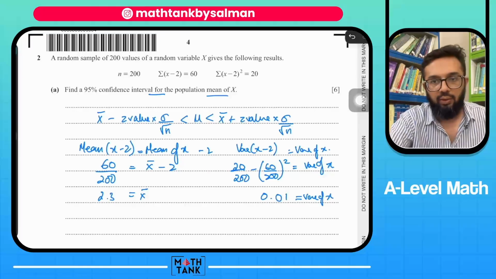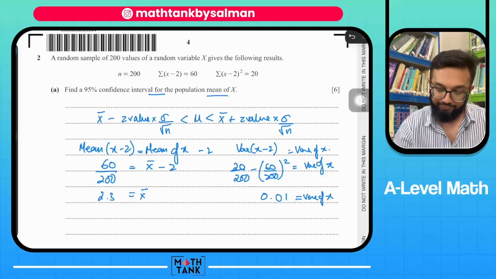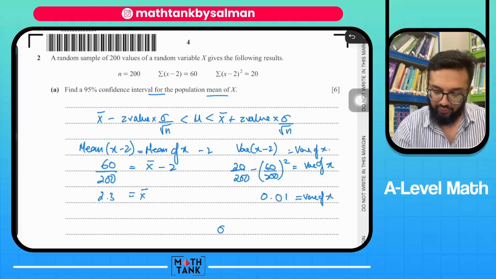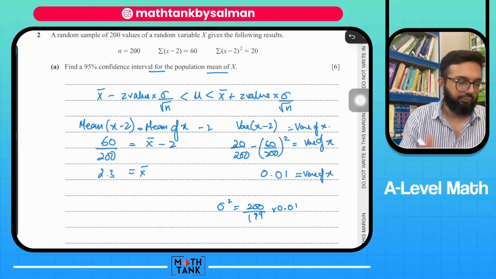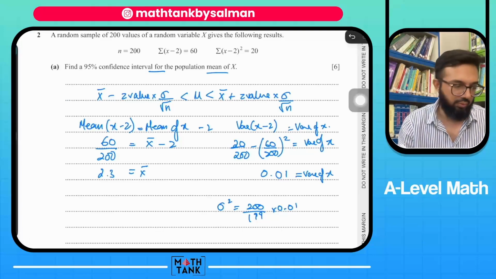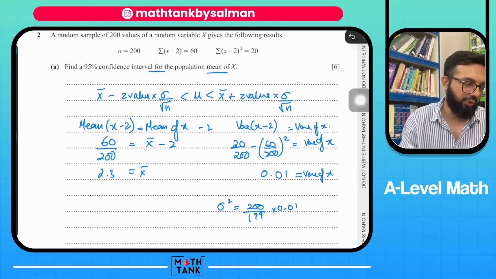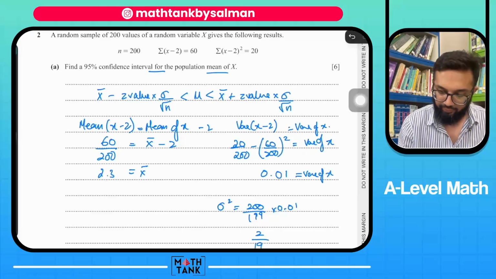I will have to unbias that number to get the value for sigma. Sigma square is 200 over 199 multiplied by 0.01. So I'm going to use the exact number 2 over 199.